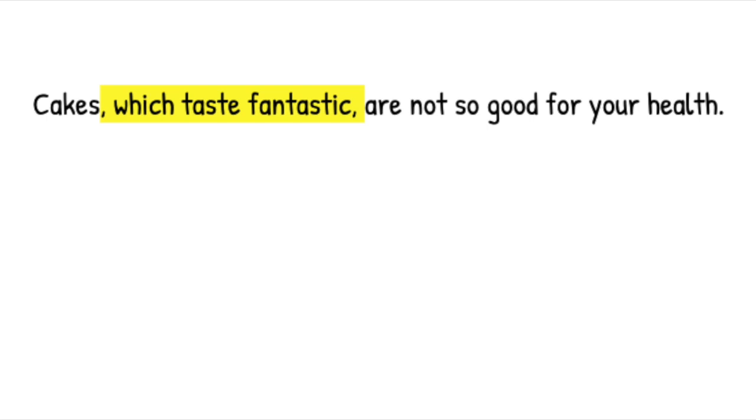In the previous sentence, who was the relative pronoun, but in this one, it is which. Relative clauses are used to say which person, thing, or place we are talking about, or give extra information. So in this case, we're talking about a thing, and the thing is the cake. That is the noun.